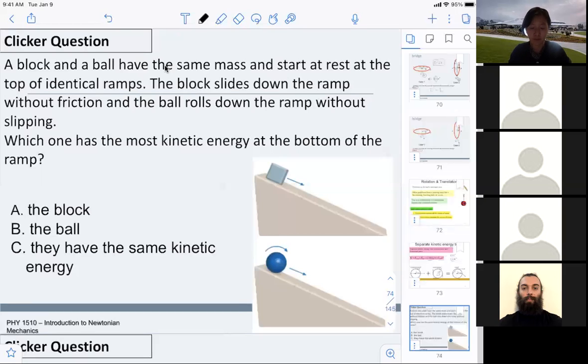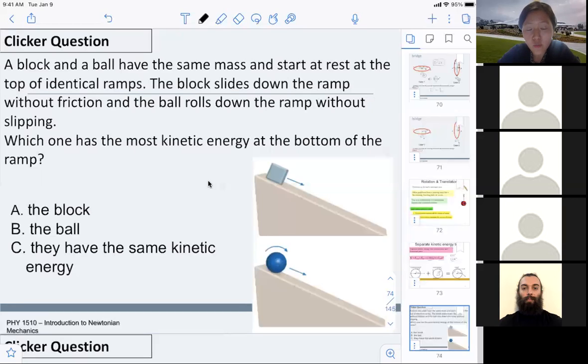So it doesn't matter how fast it's rotating if they have the same translational kinetic energy, and even if it's rotating a little bit, that's greater than 0. So that's why I think it's E, because any little bit of rotational plus the same translational is more overall. Very good, very good.